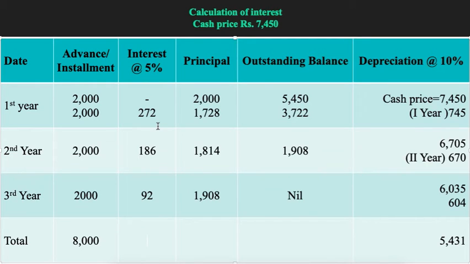If we add it up, 272 plus 186 plus 92, it is how much? It is 550.